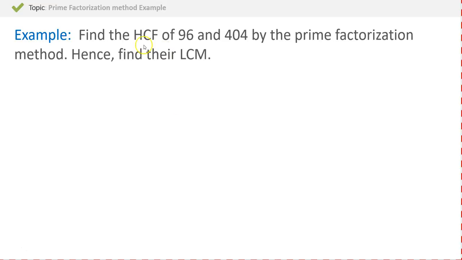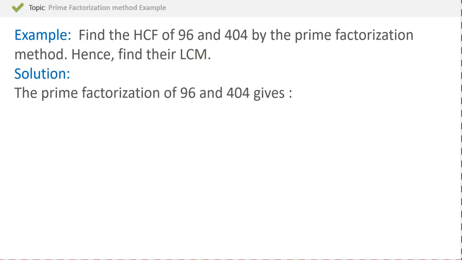I have to find the HCF of 96 and 404 by the prime factorization method, and hence I also have to find their LCM. Now we know we can represent 96 as 2 to the power 5 multiplied by 3, and 404 as 2 square multiplied by 101.